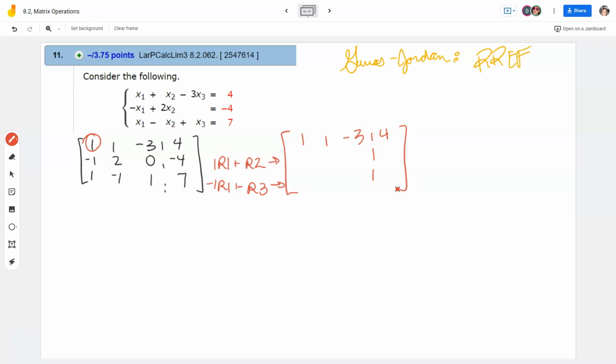Then we're adding: 1 plus negative 1 is 0, so 1 plus 2 is 3, negative 3 plus 0 is negative 3, 4 plus negative 4, got him. But now I need to subtract, or no, what did I do? I did a negative and then plus. So a negative 1 plus 1, a negative 1 minus 1, a positive 3 plus 1, a negative 4 plus 7.